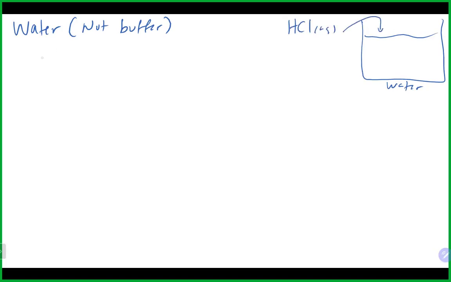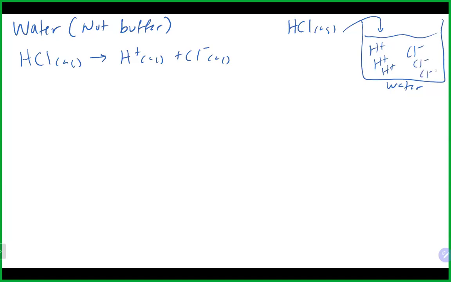When I add hydrochloric acid to water, it is going to completely, as we talked about, break apart into H plus and Cl minus, which means when you add that HCl to this water, you're going to generate a lot of H plus and some Cl minuses. Remember, none of the HCl units will stay together. That just made a lot of free H plus, right?